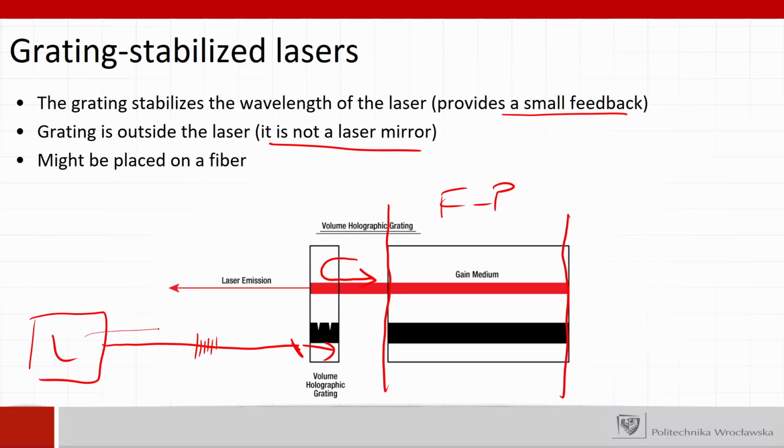Then a very tiny portion of the light is reflected from the grating and goes back to the laser, and the main part is of course transmitted through the grating and goes to the output. But we have a very small positive feedback here, maybe 1% or even less than 1%.